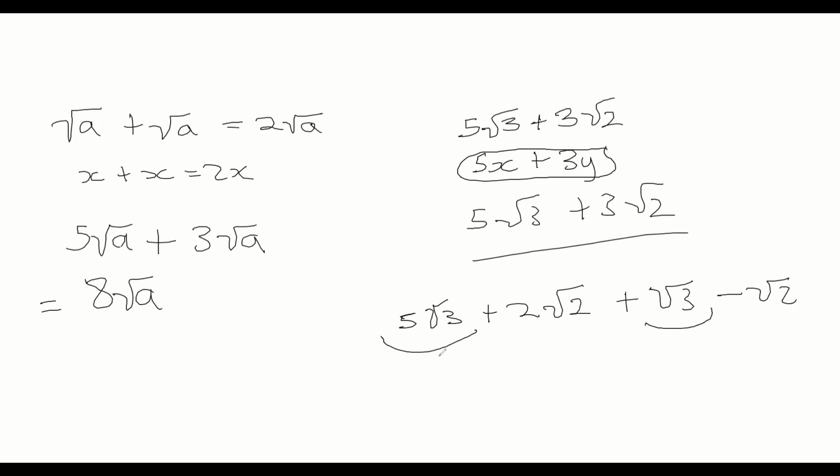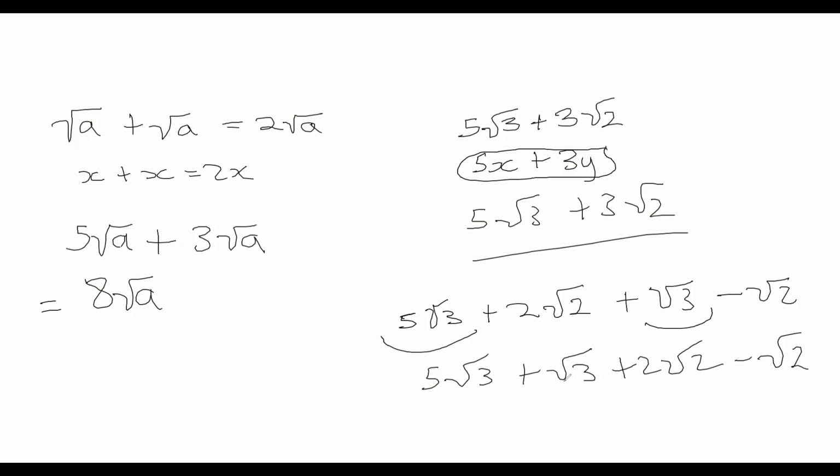The terms with root 3 are two, so we can collect them as like terms. 5 root 3, and here we have positive root 3, plus 2 root 2, take out root 2.